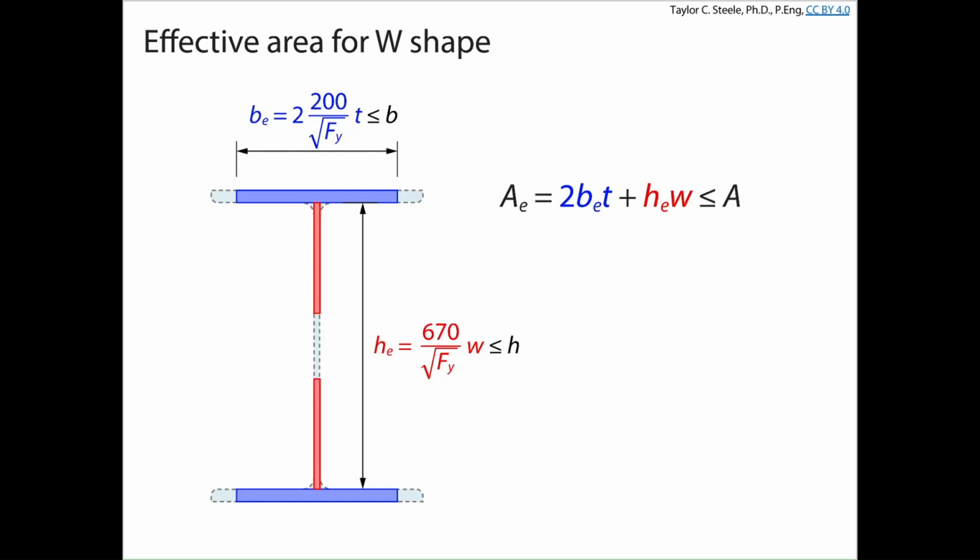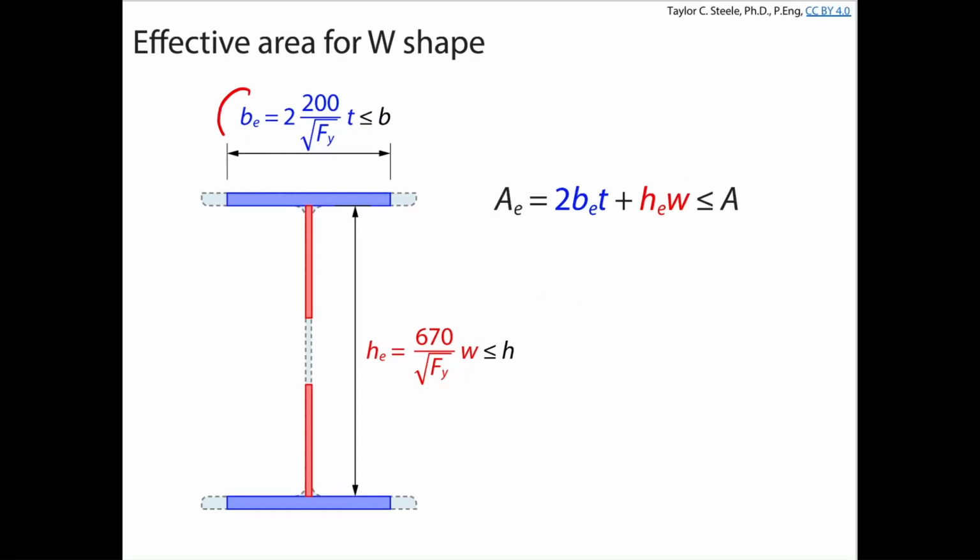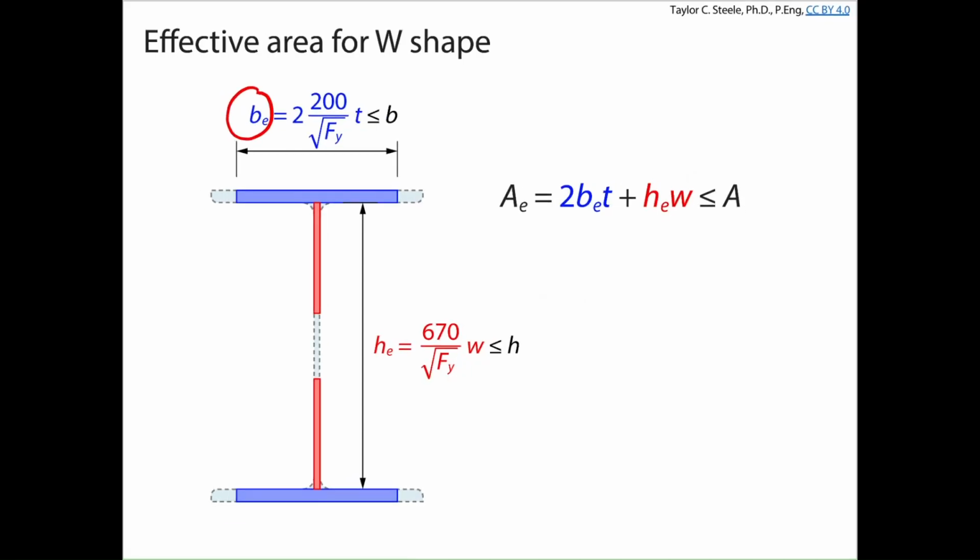And so if I was to quantify this in terms of a wide flange section, if we have B, which is down here, and we have B/2, if that exceeds the 200 over the square root of Fy limit, I'm going to calculate an effective B value. I'm just going to rearrange here. So B/2T had to be less than or equal to 200 over the square root of Fy.